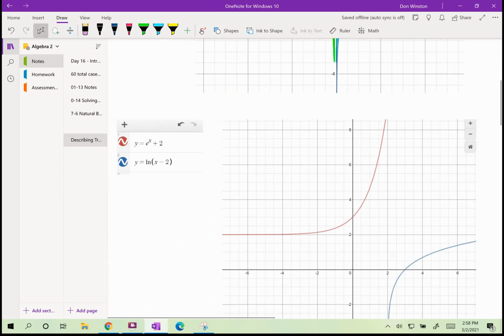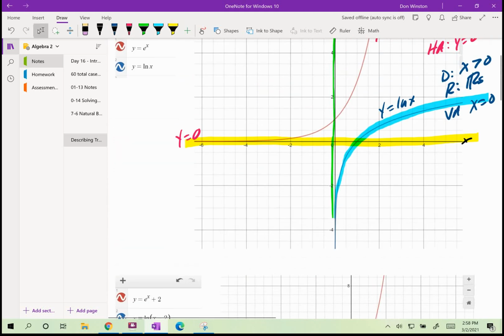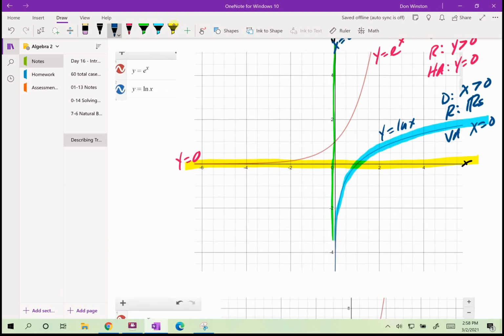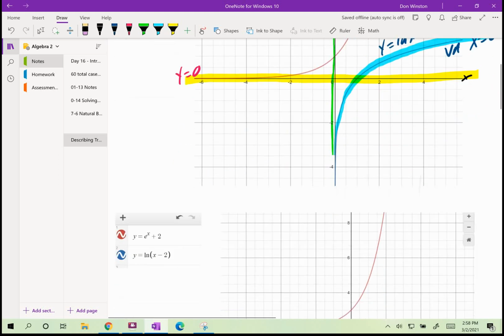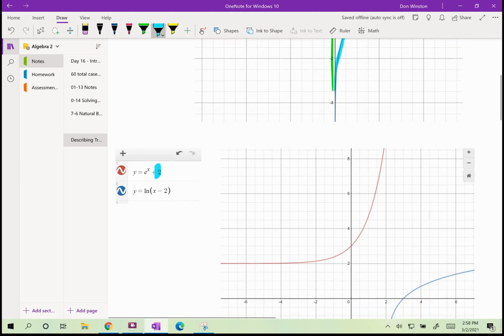So let's say here I shift the exponential function up by 2 units, right? If you notice here, it hugged the x-axis, or my horizontal asymptote was y is equal to 0. So now I'm just going to shift the graph up 2 units. Notice here I have plus 2. So I'm just going to shift that entire graph up 2 units.